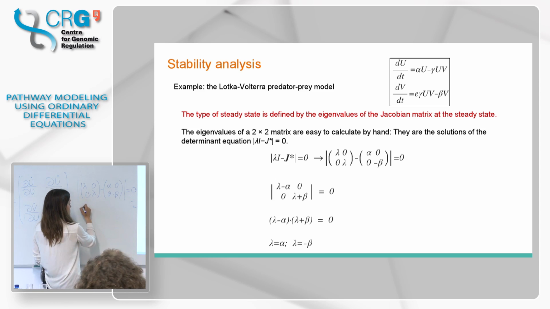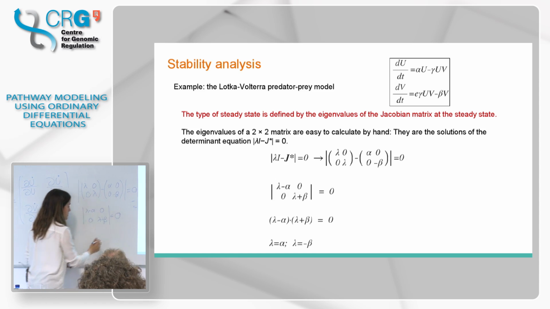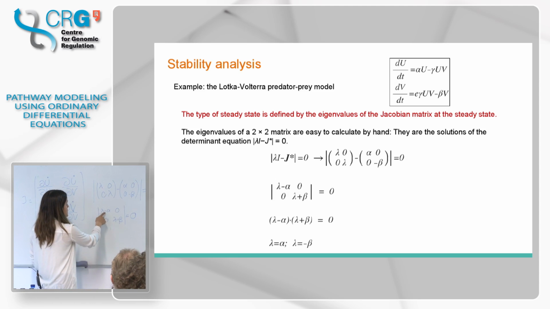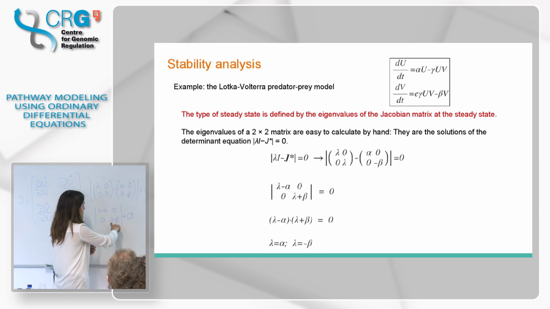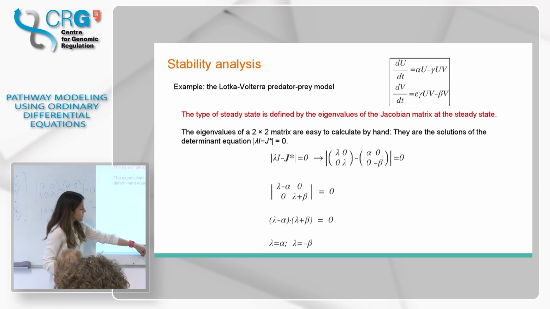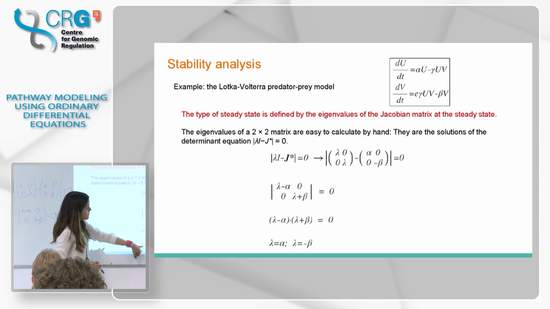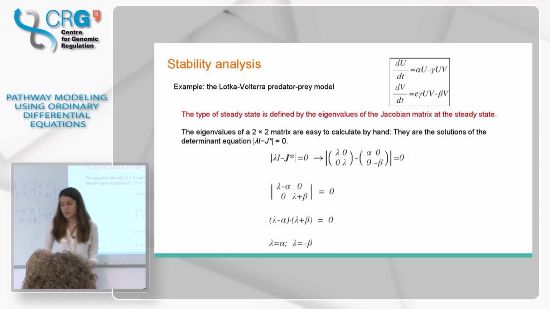So we calculate, and the result of the determinant is (lambda minus alpha) multiplied by (lambda plus beta). This has to be equal to 0. So the eigenvalues of this matrix are alpha and minus beta.